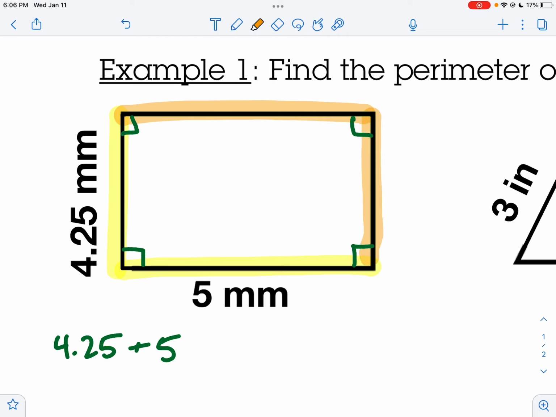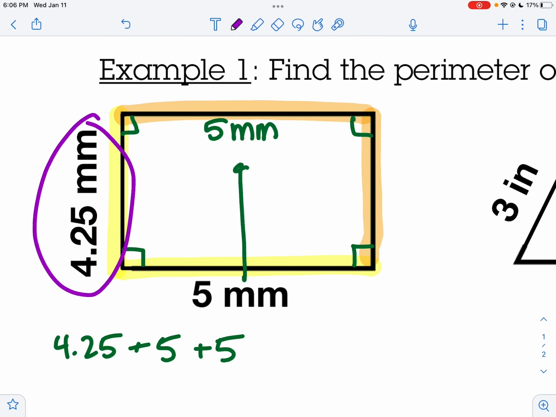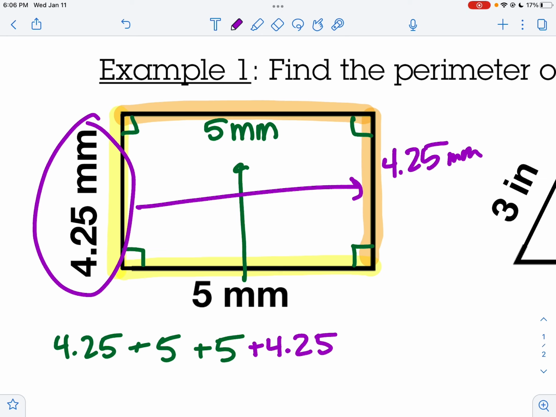So hopefully y'all remember, in a rectangle, those opposite sides are exactly the same. So this 5 millimeters would make this also 5 millimeters, so we'll add another 5. And then this 4.25 would mean that this side over here is also 4.25, so we'll add 4.25 again.